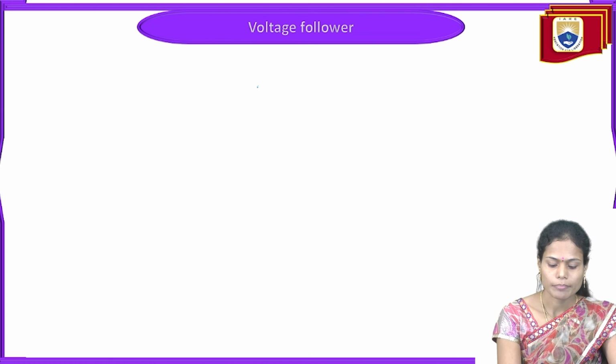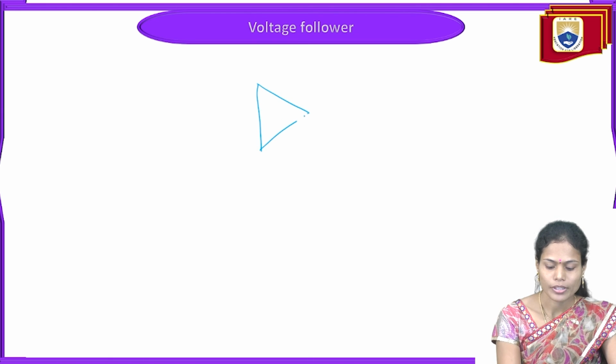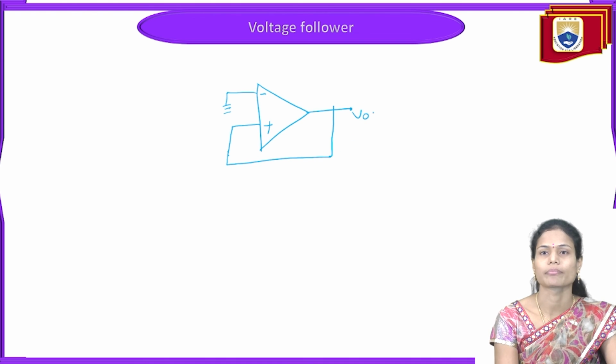Here I am taking the op-amp circuit with minus and plus terminals. See, this one is grounded and here we are providing the input, and we are connecting back to the output. That is nothing but the voltage follower circuit.